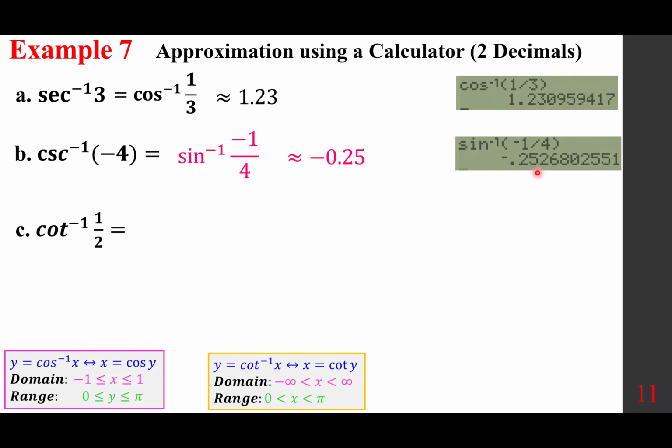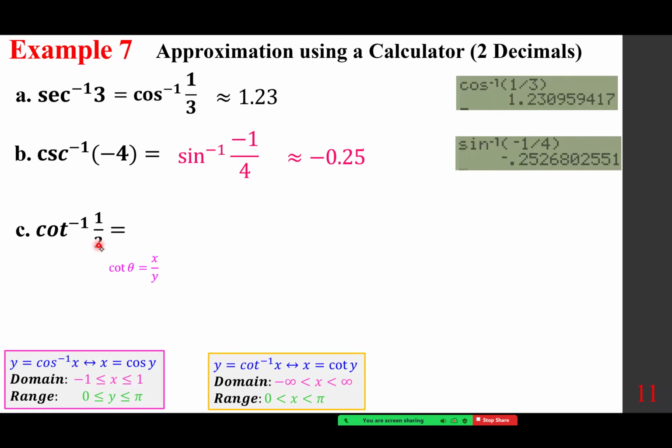That's why when they want to find the inverse, they go to cosine inverse. But how do they move from cotangent to cosine? We know cotangent is x over y. And so if x is 1, y is 2, x squared plus y squared makes it 5. 1 squared plus 2 squared.